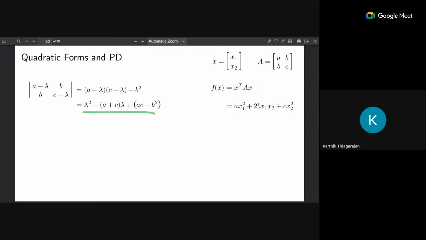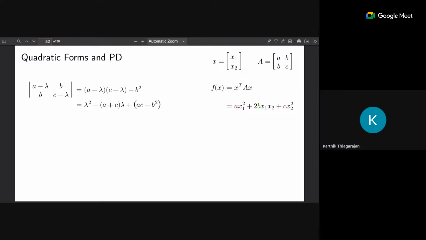I'm trying to find the eigenvalues of A, because if you want to find out if a matrix is positive definite, what did I tell you? You have to look at the eigenvalues. The eigenvalues will tell you whether it's positive definite or not. So you have to do the determinant of A minus lambda I. That's what I have done here. If you solve this, you will get the eigenvalues, but what are the conditions under which this will be positive definite?